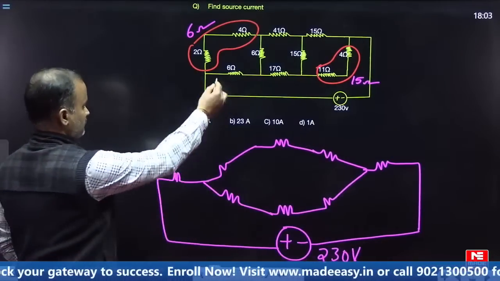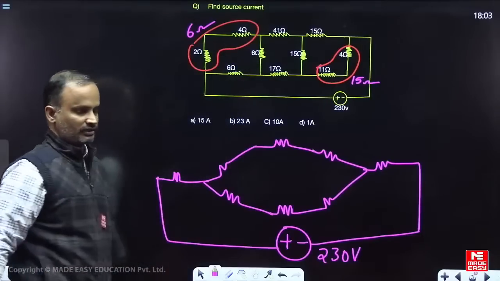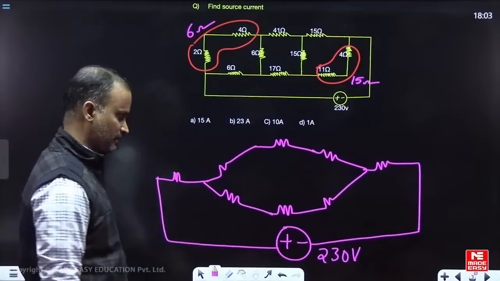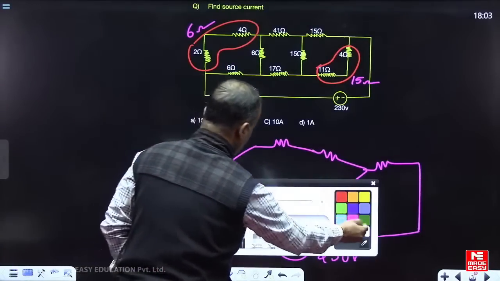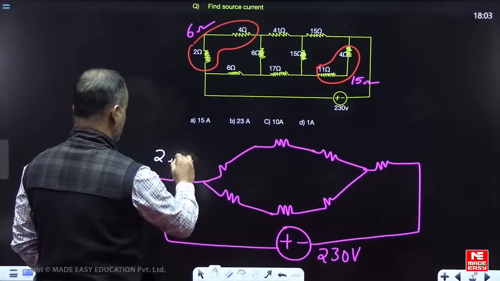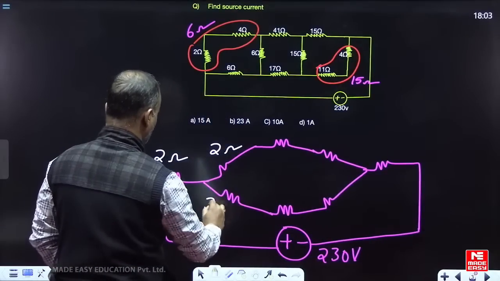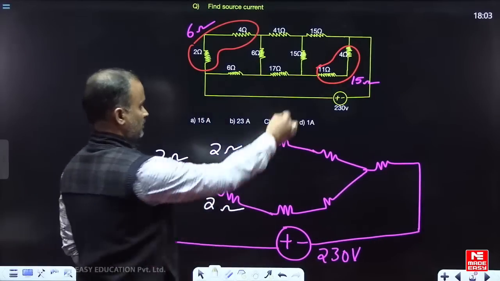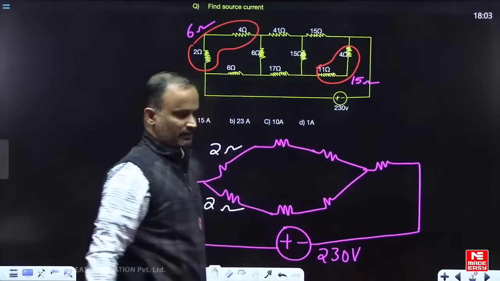These 3 elements we are converting from delta to equivalent star, so it is decreased by 3 times. Similarly here also the same thing, it is decreased by 3 times.